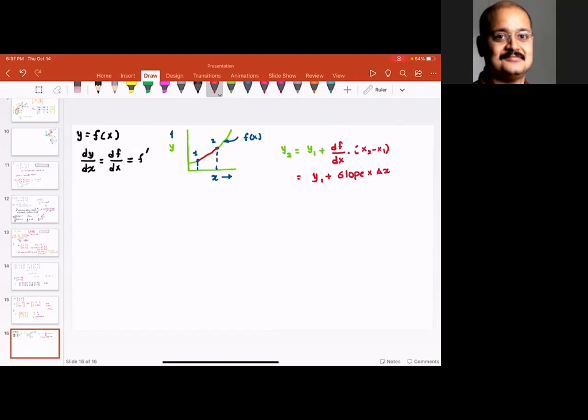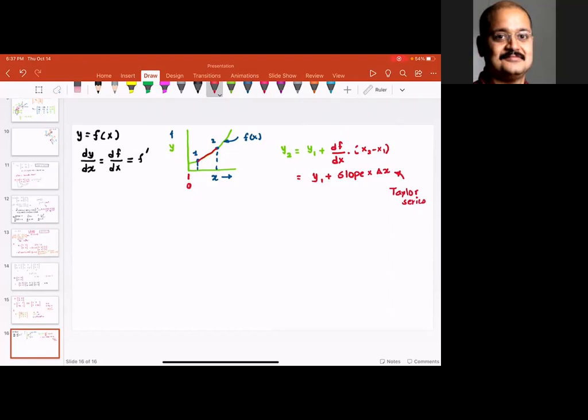Now, if I want to change this approximation from 0, my y1 value would be whatever the value is at 0. Do you agree with me? This is nothing but the Taylor series expansion, wherein we are just retaining the first derivative.